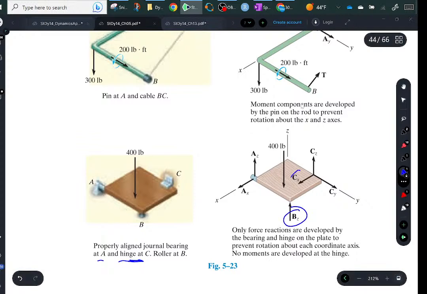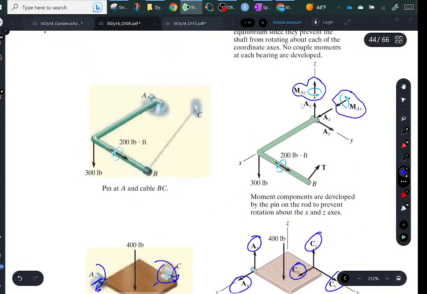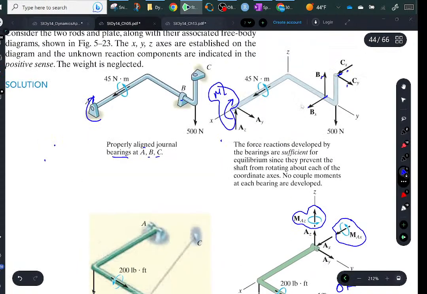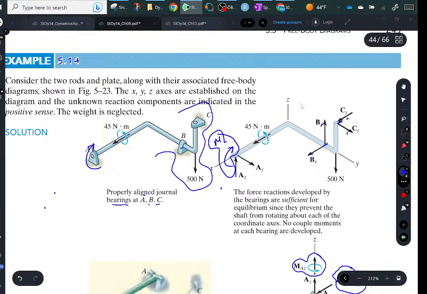Here you have 1, 2, 3, 4, 5, 6 unknowns. However, a bearing can take a moment across this axis and this axis. So actually, you can take 2 moments here, so you can have at least 3 more unknowns. This one's okay. And this one legally is statically indeterminate unless you assume away the moment.